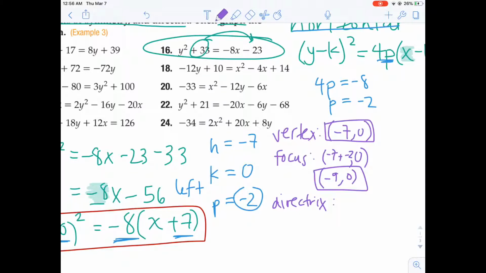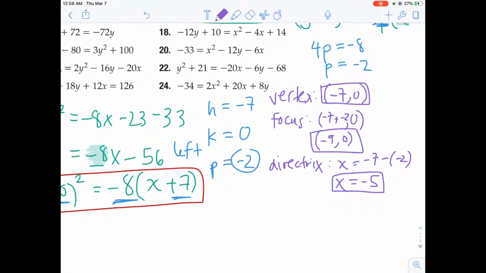Next comes the directrix. Our directrix is going to be x equals our h, which was negative 7, and this time we're going to subtract p. So for the focus, you always want to add p. For the directrix, we're always subtracting p. And that's going to give us negative 7 plus 2, which is negative 5.